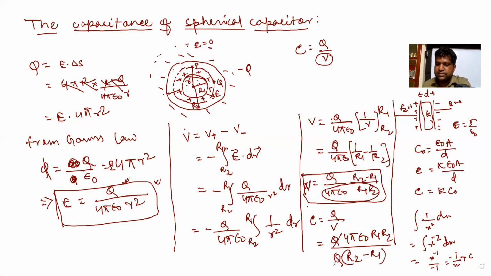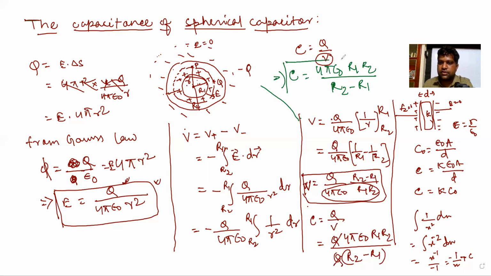Now Q gets cancelled, so finally capacitance comes up as C equals 4 pi epsilon naught R1 R2 divided by R2 minus R1. R2 is the radius of the outer sphere, R1 is the radius of the inner sphere.